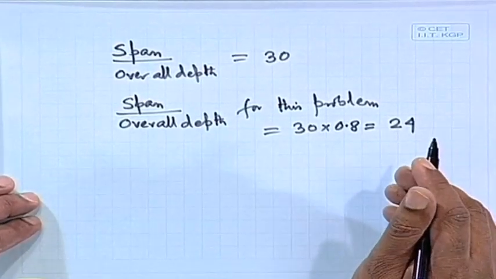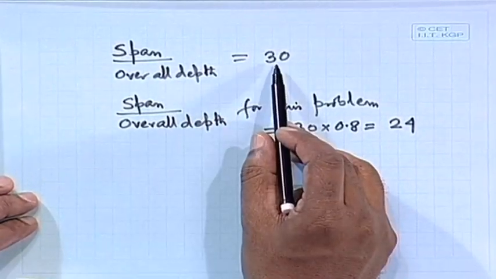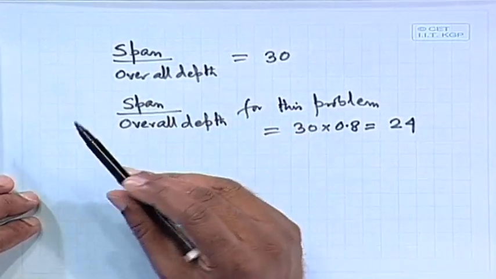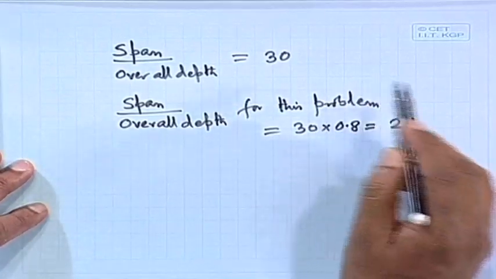I am taking this span by overall depth as 30 because in our case it is mild steel. Why am I taking that for the time being?